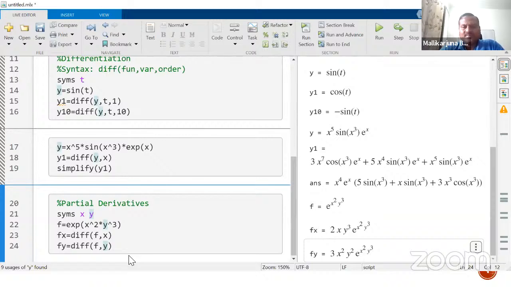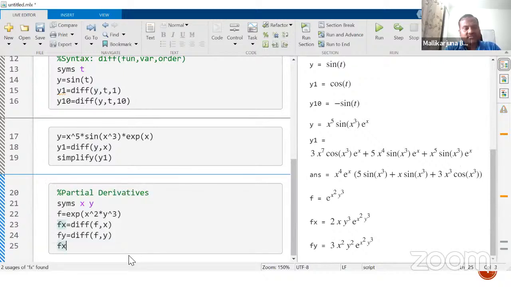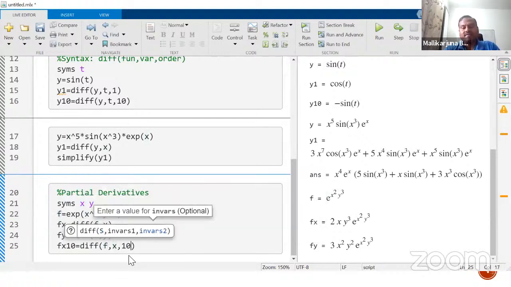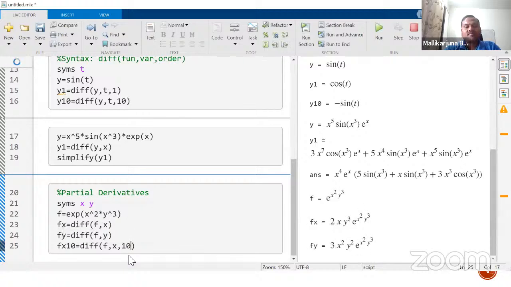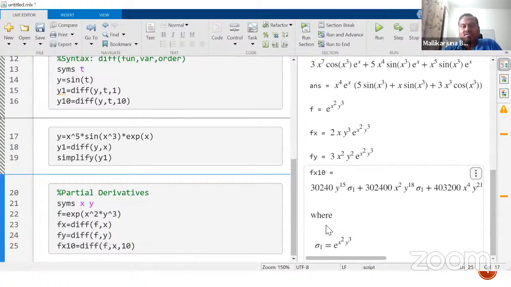Simple first order, second order is fine, but fifth order, tenth order, how are you going to find it? Now, same fx, tenth order, differentiation of fx. You can see this is a big value.